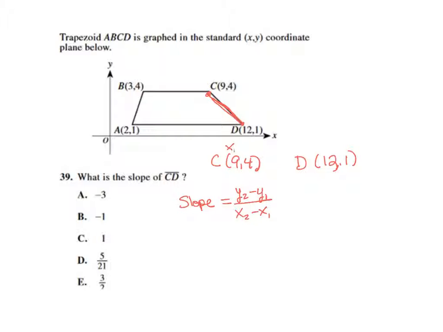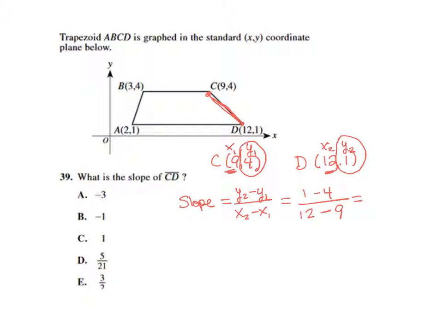If I let C be point 1, so I have x1, y1, and D be point 2, I have x2 and y2. So the slope is the change in the y coordinates, y2 minus y1, so 1 minus 4, over the change in the x coordinates, 12 minus 9.